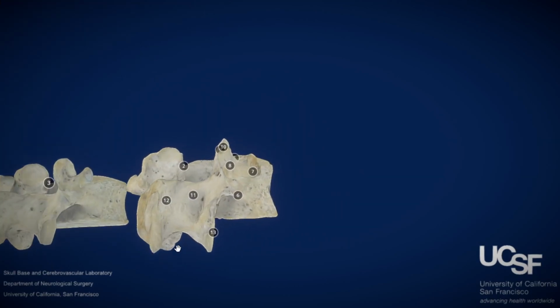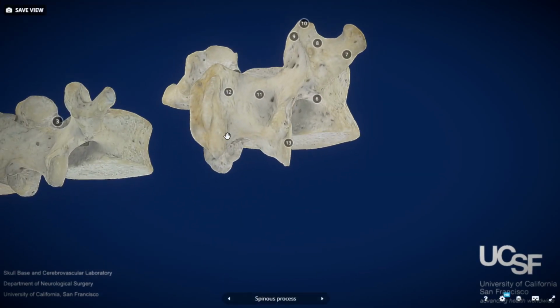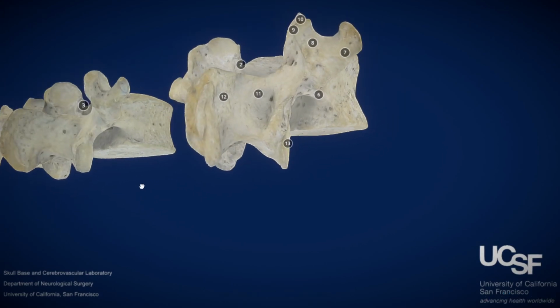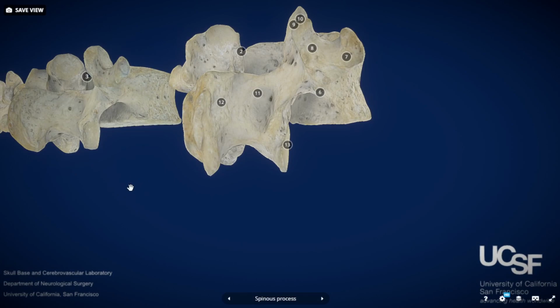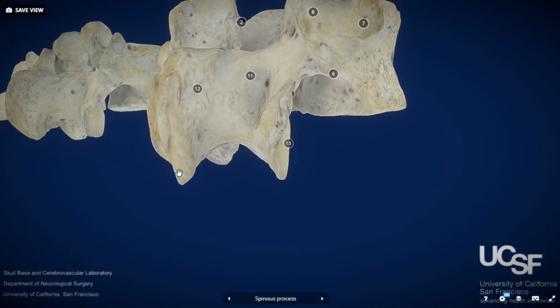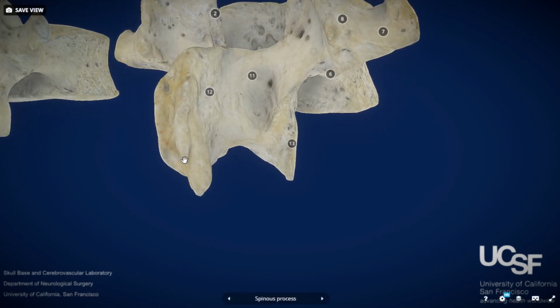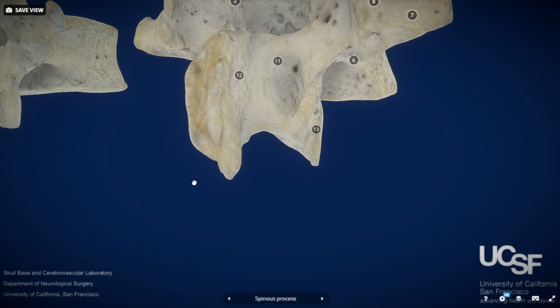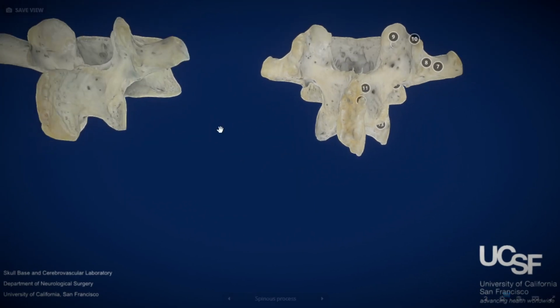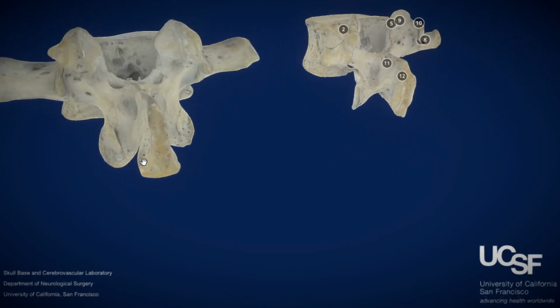There's a thick posterior inferior ridge, and it serves as an attachment site for the thoracolumbar fascia, supraspinous and interspinous ligaments, as well as deep back muscles such as the spinalis thoracis, multifidus, and interspinalis.